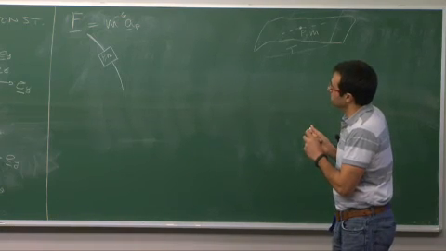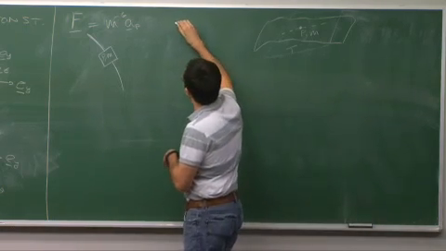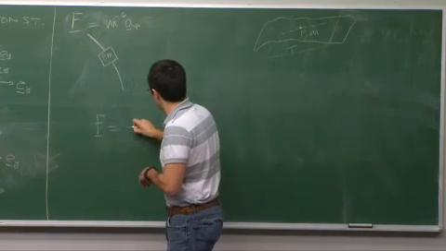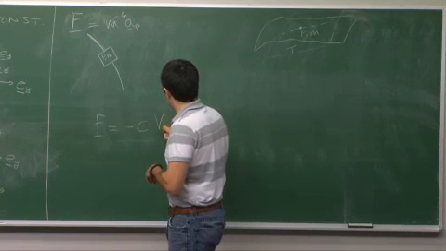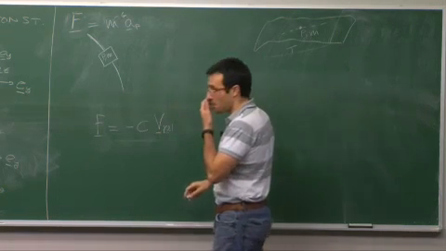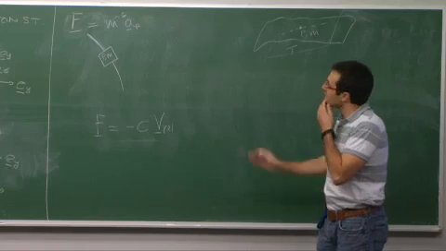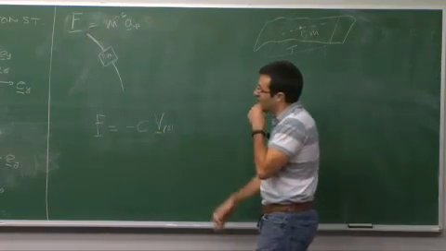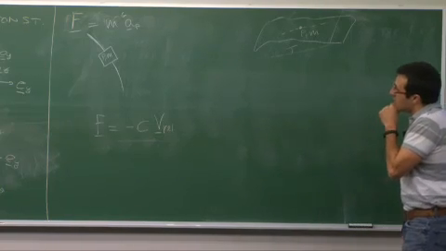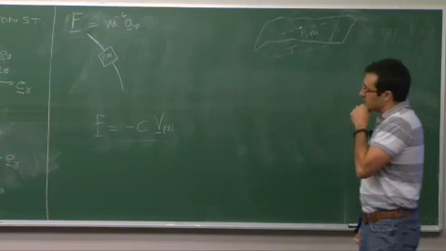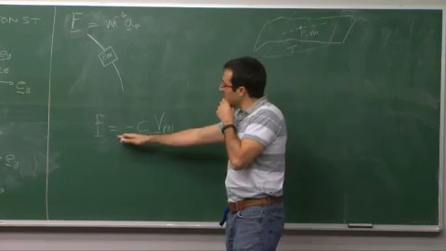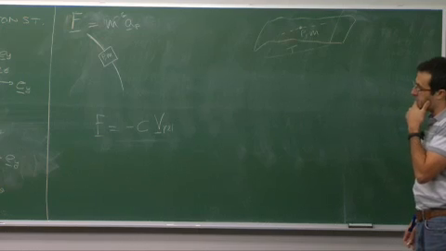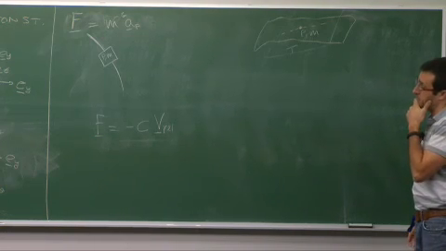I know it's viscous, so I already know that my force has at least this term, minus C v_rel. And it must be along this line, which I just defined. It's u theta, right? This better be along u theta. We'll compute it and see, but it better be along that line.